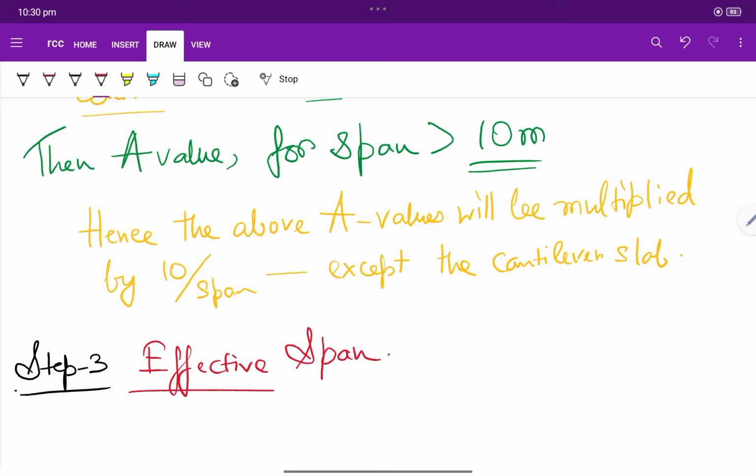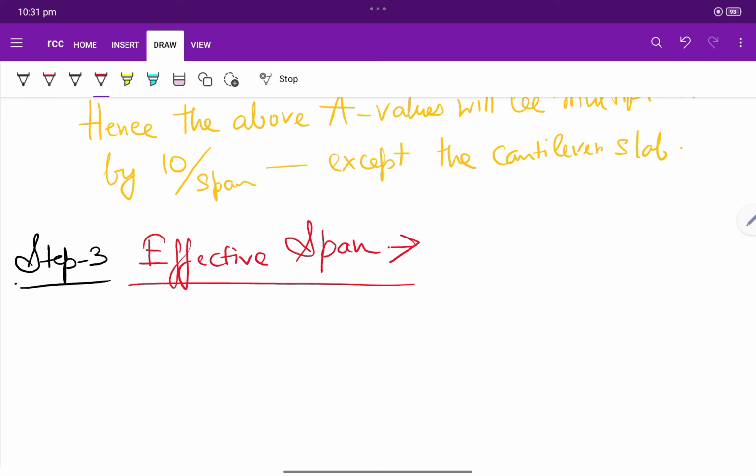We know the effective depth. So like that there is an effective span calculation. First we will write for SSB, simply supported beam, what will be the effective span.